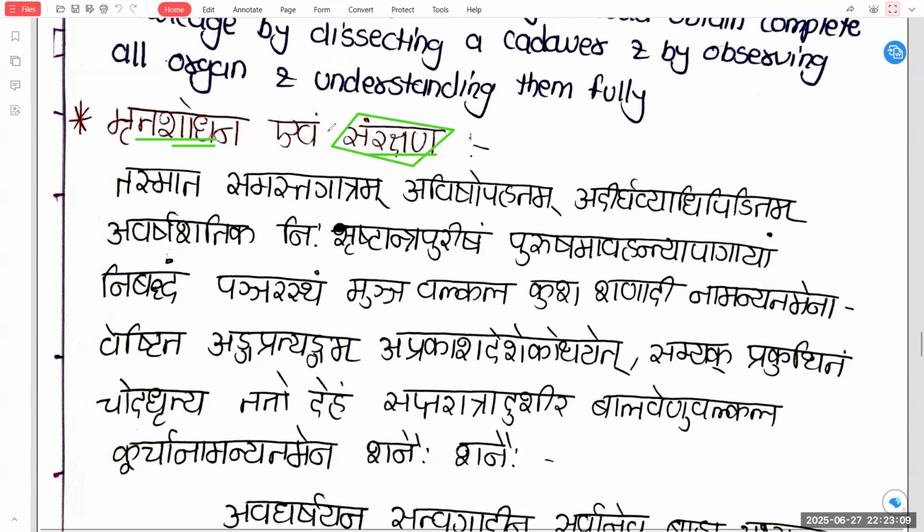And if you are asked about the preservation part, then you can avoid the Shanshodhan part, or you can just explain the other part in very few lines. For example, if you're asked about Sanrakshan, then you will explain the Ayurvedic perspective of Sanrakshan and the modern part of Sanrakshan. Along with that, you can write the Mrut Shodhan Vidhi in very brief. So this is how you cover each and every important topic.